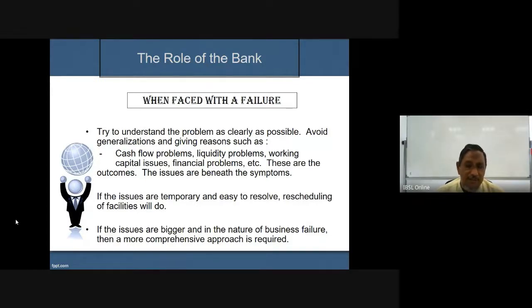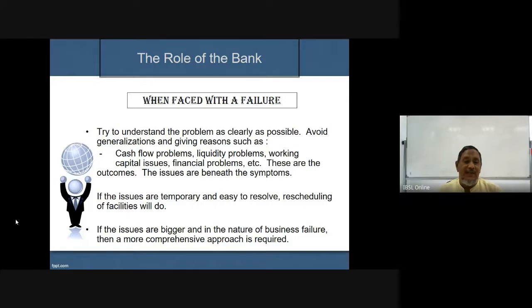If the check is given to purchase merchandise, inventory, then what happened to the inventory? If that inventory is sold, there's the money.